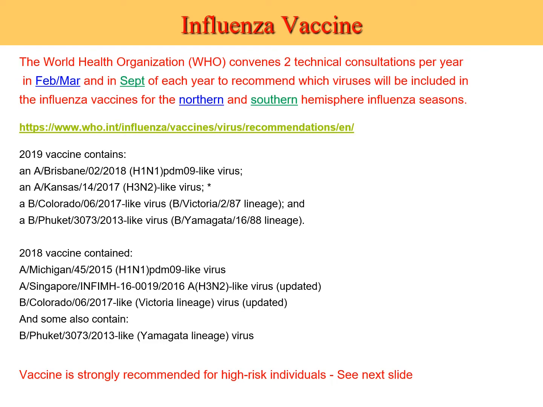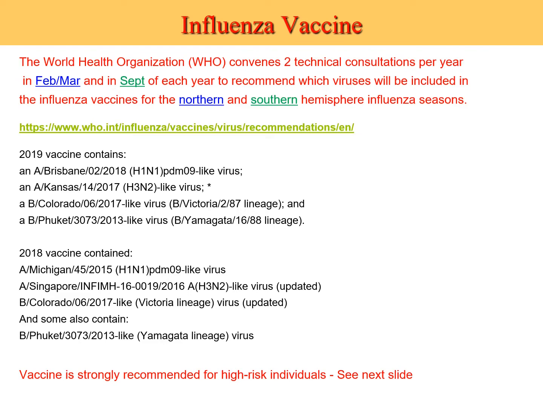The February-March meeting is to decide which ones should be included in vaccines for the Northern Hemisphere, which will be developed over the next 6 to 8 months and start to be given in October, November of that year.